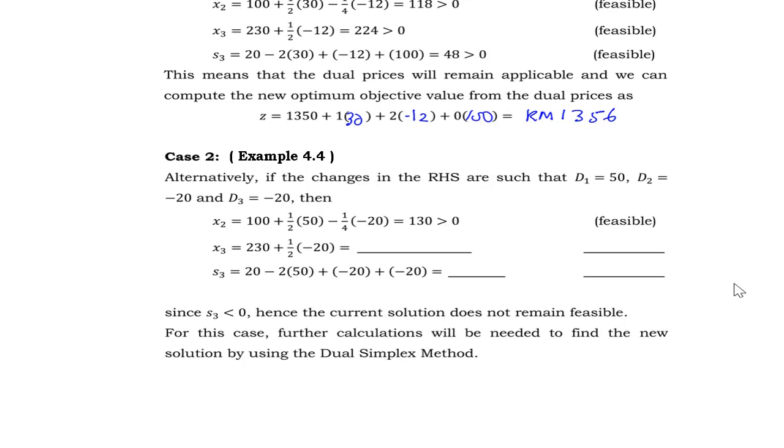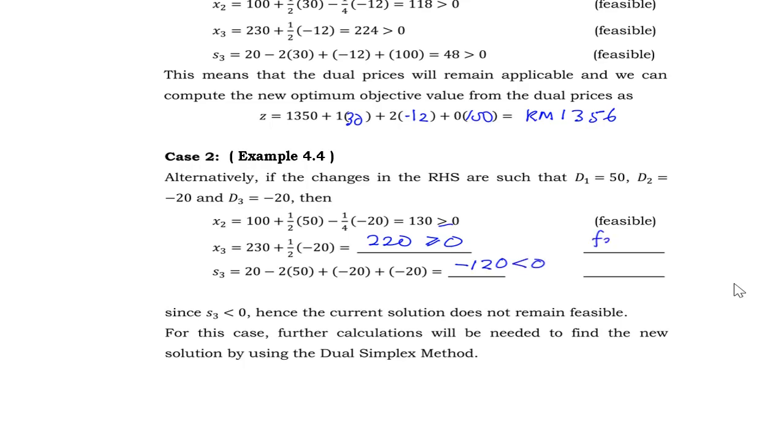For X3, 230 plus 1 over 2 times negative 20, so here we get 220, also greater or equal to 0. S3, 20 minus 2 multiplied by 50 plus negative 20 plus negative 20. So here we get a negative value, negative 120, which is less than 0.